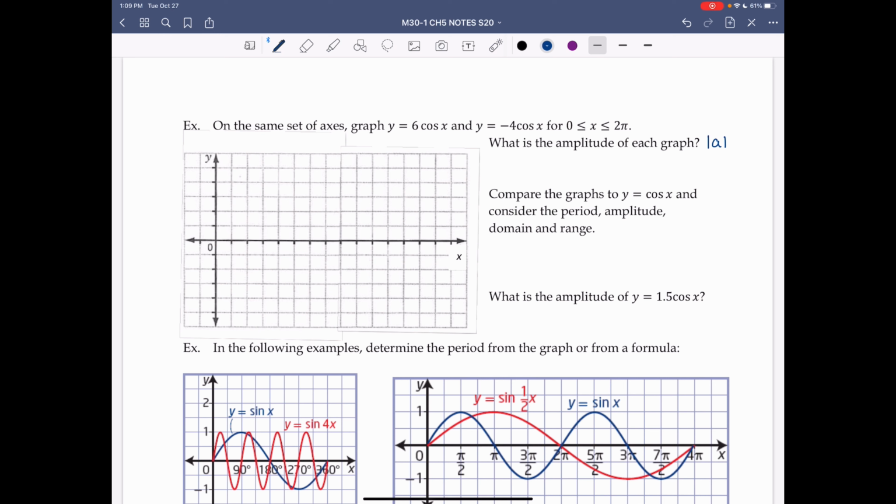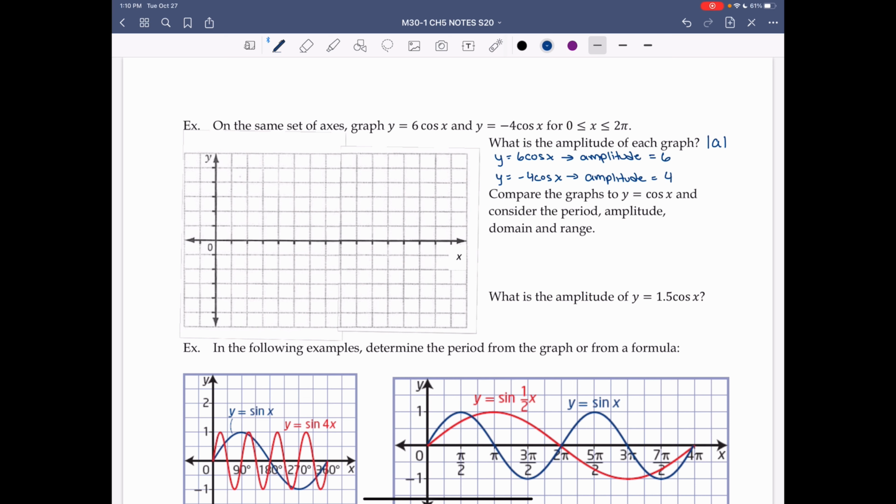So for y equals 6 cos x, the amplitude would equal 6, absolute value of 6 is 6, and for y equals negative 4 cos x, the amplitude equals 4.